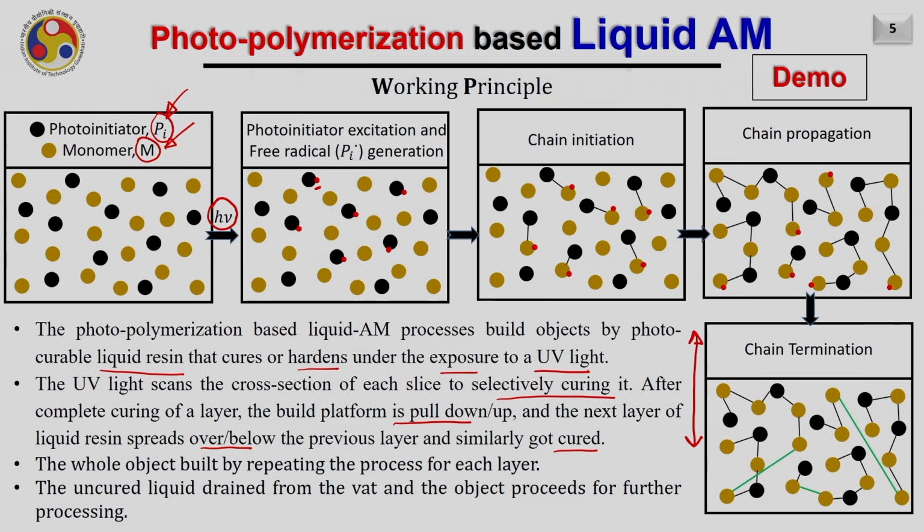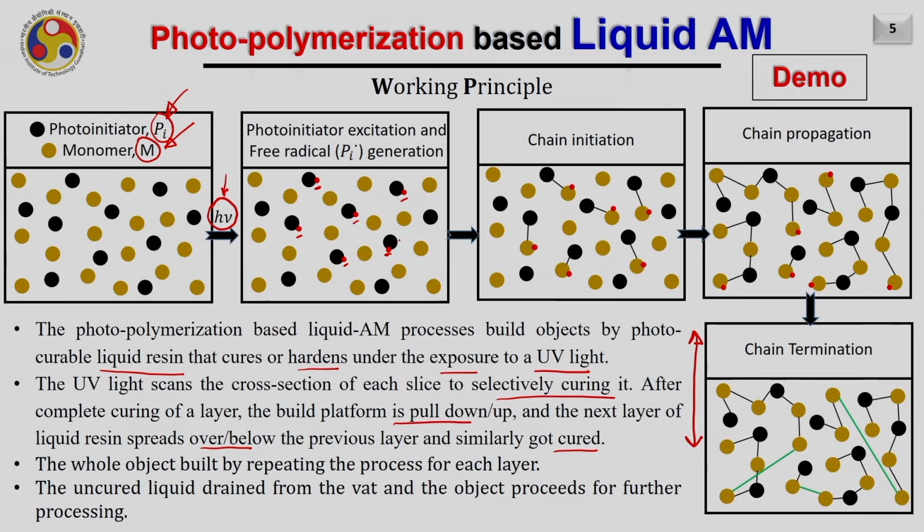This happens because the photoinitiators get excited when they absorb the energy h nu from the laser and produce the free radicals. As you can see here, these red dots are now available. These are nothing but the free radicals.